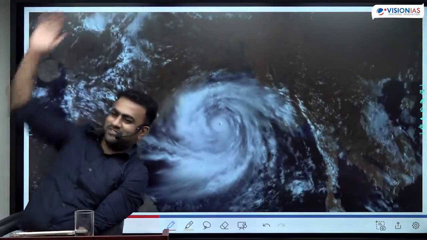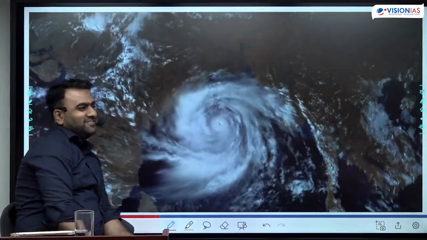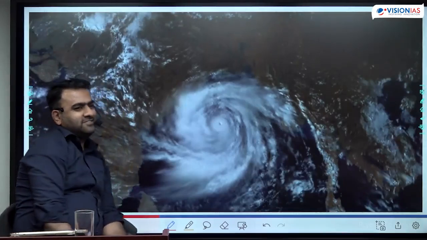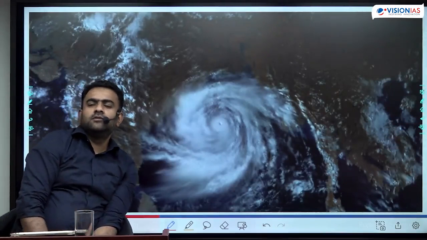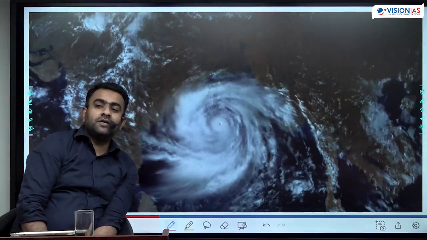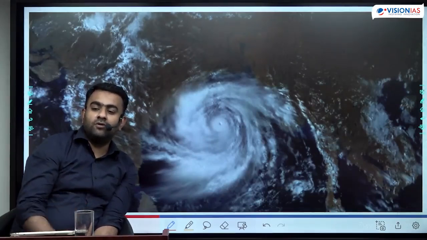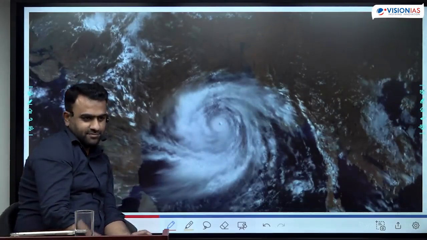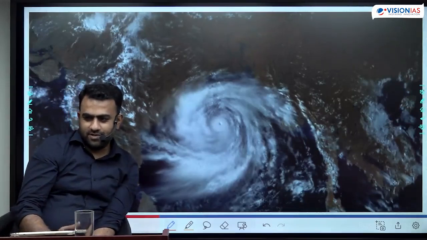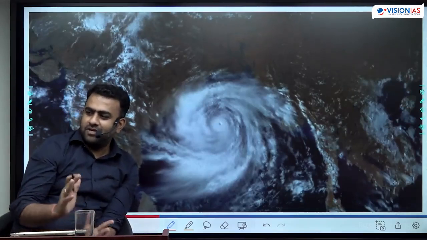Then comes tropical cyclone. A thunderstorm can happen anywhere. Cloudburst is a very heavy cloud. Tropical cyclone is like multiple cloudbursts continually happening for like 10-15 days. So very, very heavy rainfall.